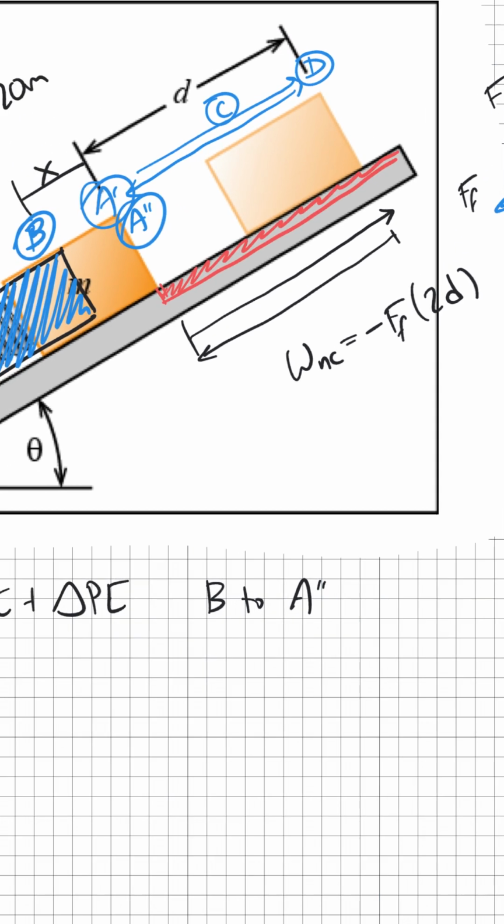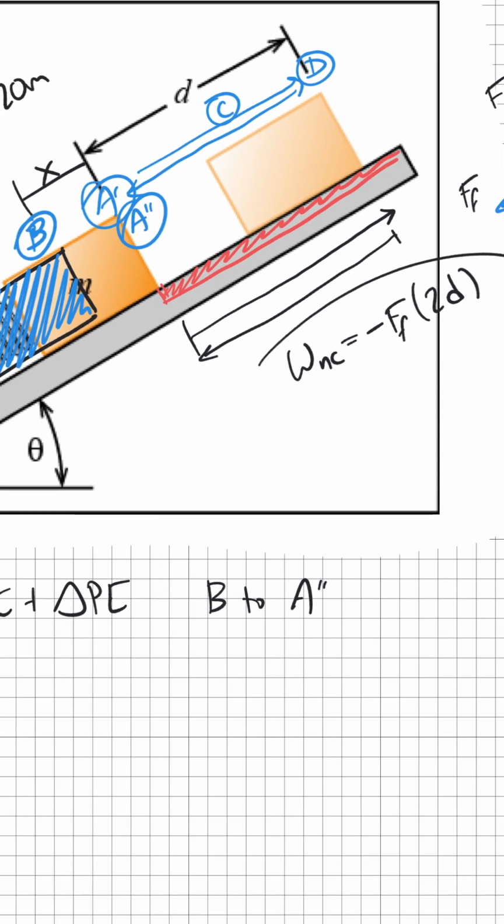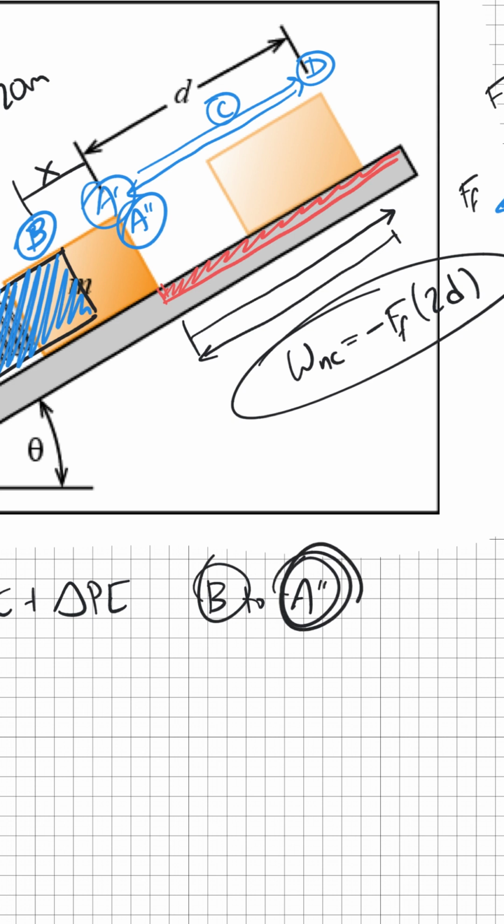Okay, so work due to friction, there's our non-conserved work, is going to be negative force of friction times 2D, right? Okay, equals the change in kinetic energy from B to A double prime. Oh, sorry, let's start at A double prime, because that's the final, right?